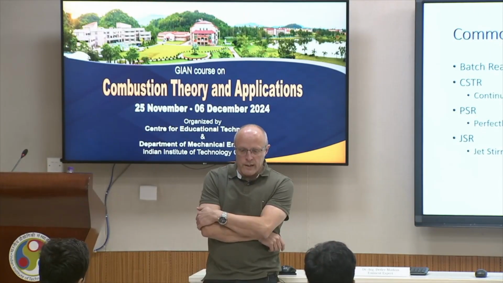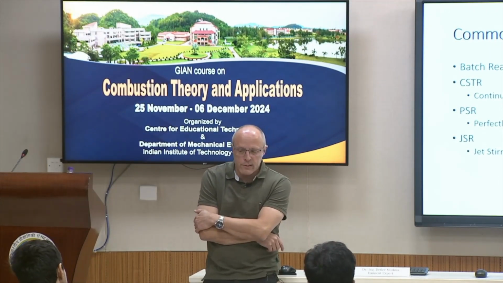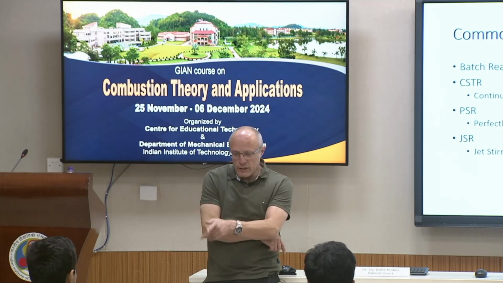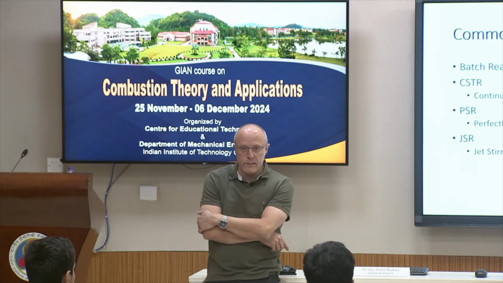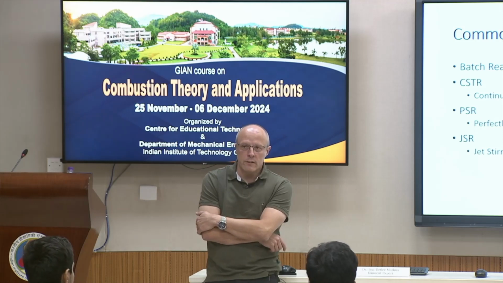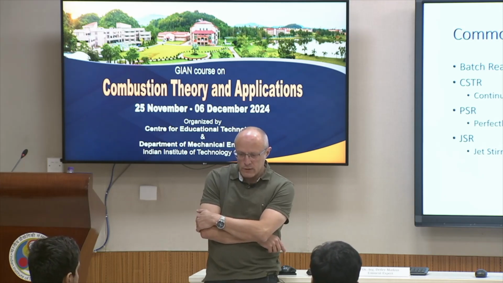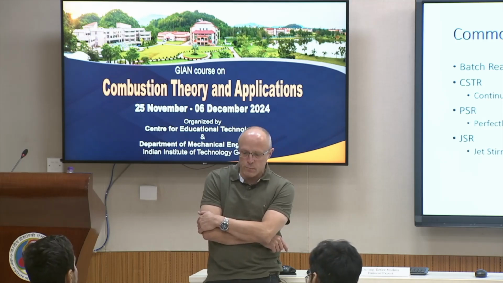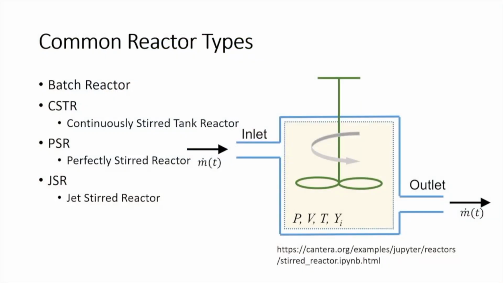So you can have different reactors here. For example, here we see a continuously stirred tank reactor. It's a homogeneous reactor. You have several variables which can describe your system. And in this case, you can have an inlet and an outlet.